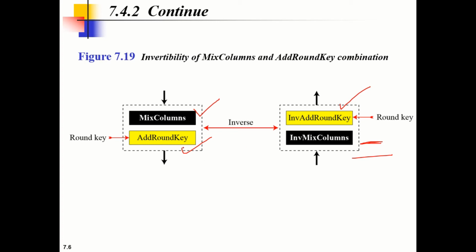But in this alternative design, we will be performing these operations in the sequence which we have followed for the encrypting end. Okay, so first mixing will happen and then we will add the round key. Fine. So this is how we can go for this alternate design.